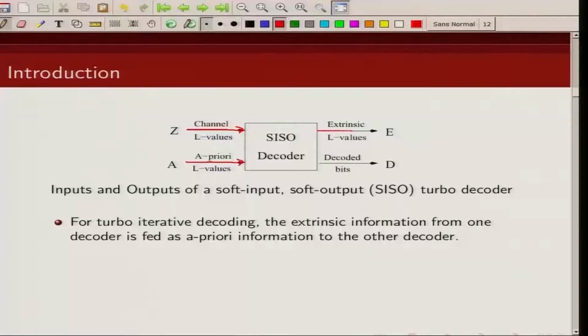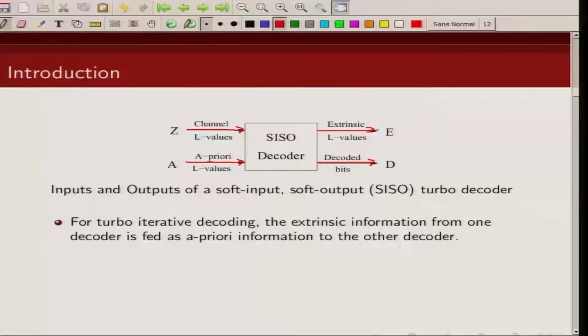It computes extrinsic values as well as APP L values, where you take a hard decision to get back your decoded bits. So, this is the heart of a turbo decoder.